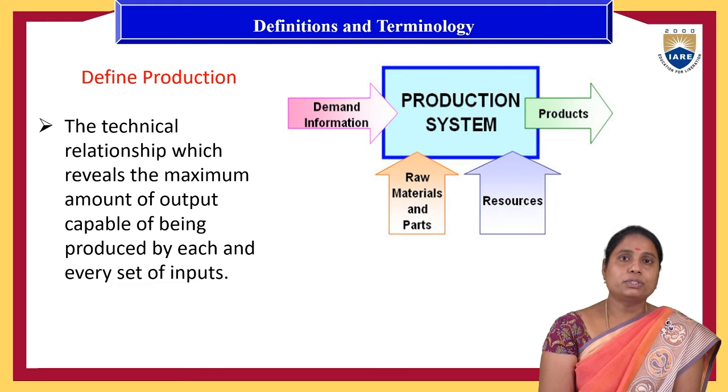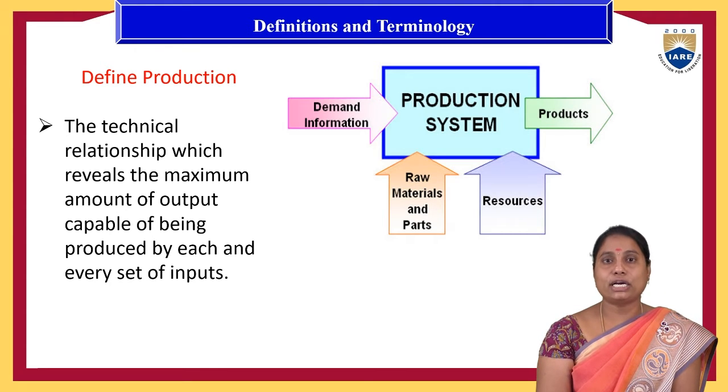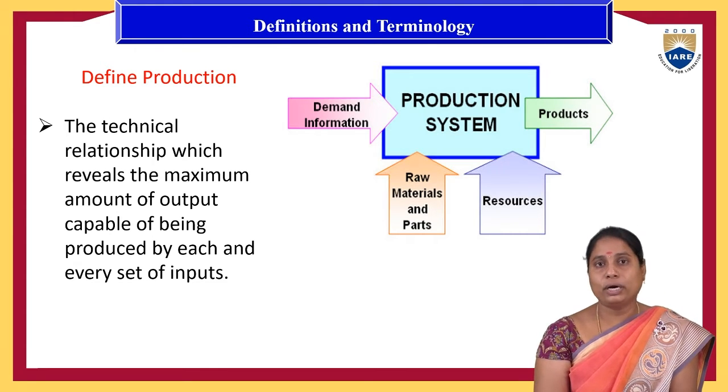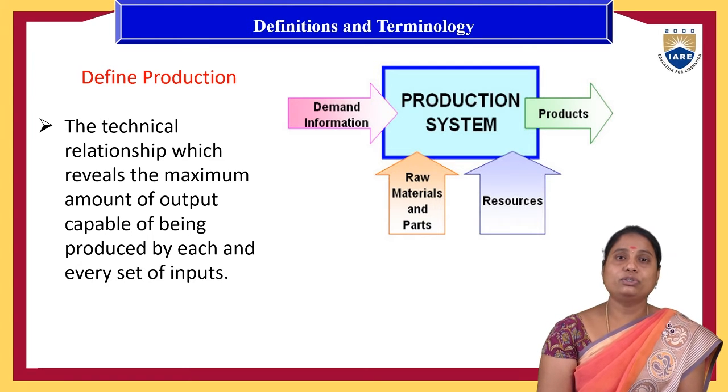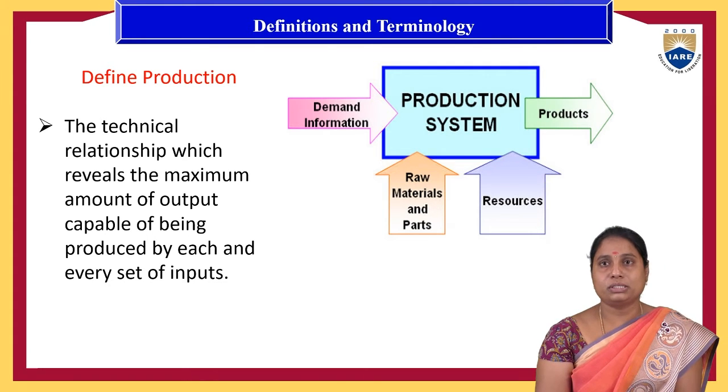With those inputs, what is the level of output and how to get it? That conversion of inputs to output is called production.